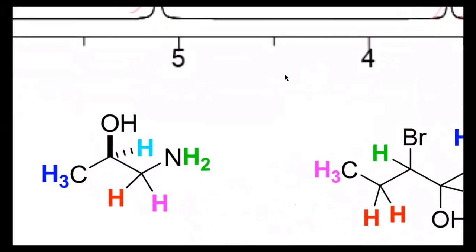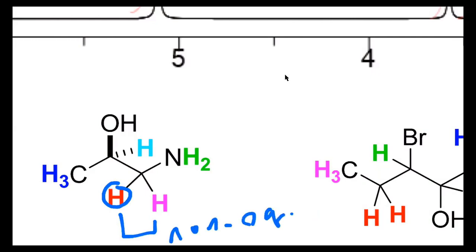What happens is, let's say for this proton right here, since these two are non-equivalent, right? Everybody agree with that. We already established that they're non-equivalent because they're next door to a chiral center. So they're not the same.